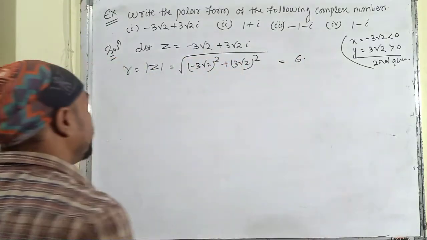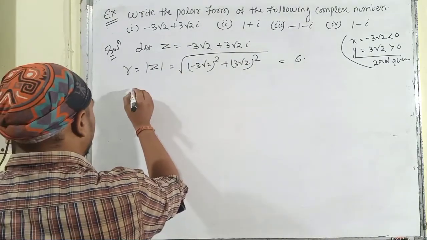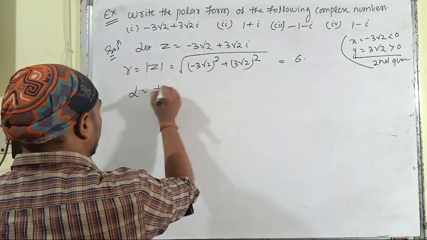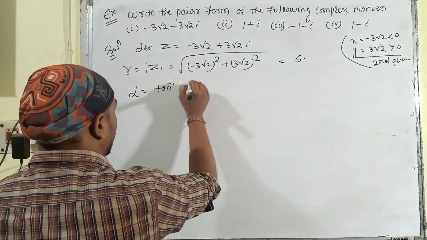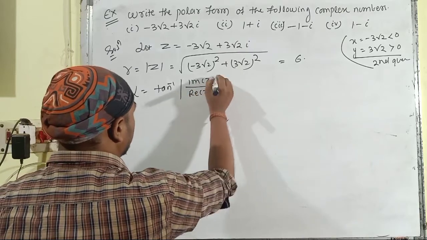that means it will be equal to 6 here. Then we have to find out the value of alpha here. We know that alpha is equal to tan inverse of the modulus of the imaginary part of z divided by the real part of z.